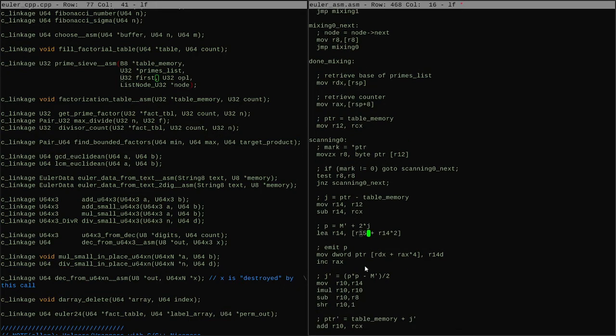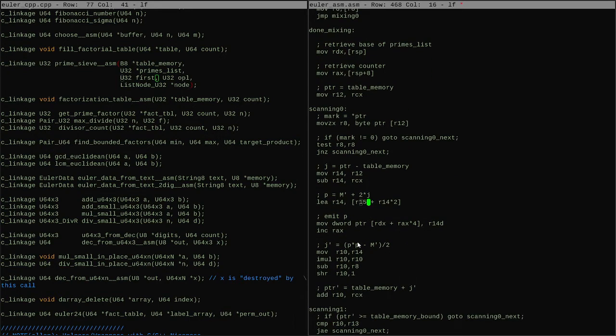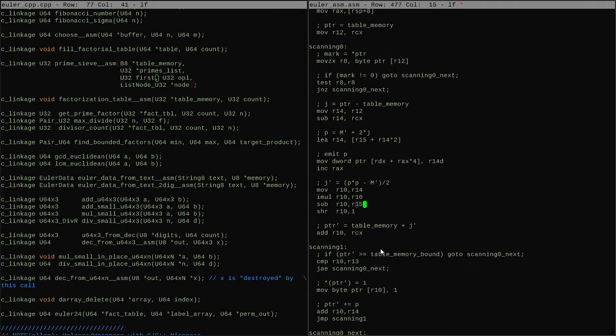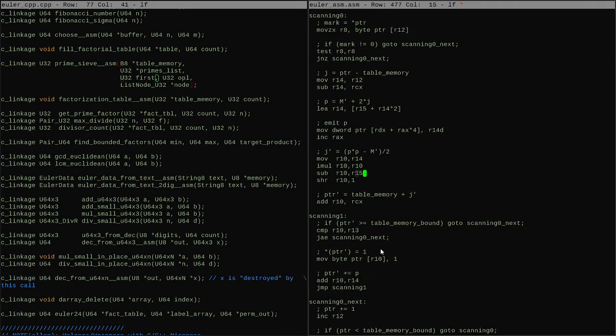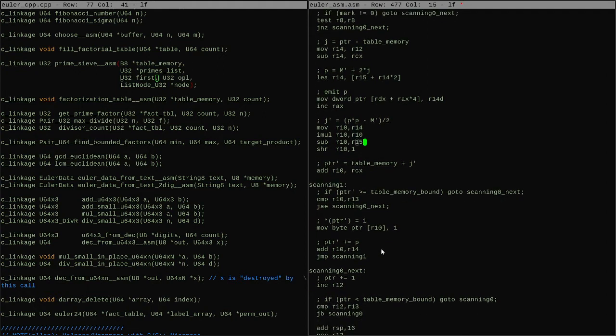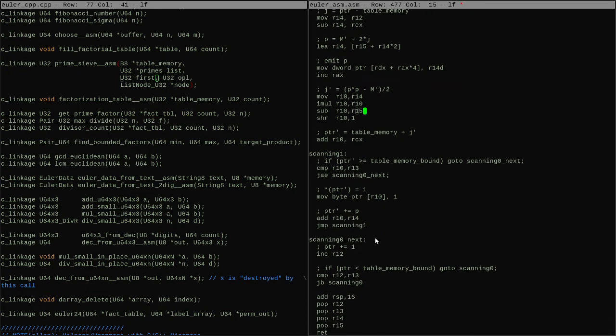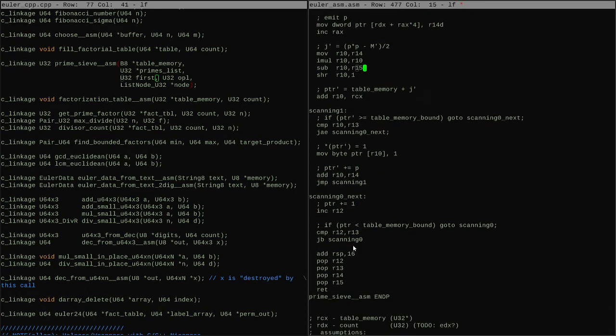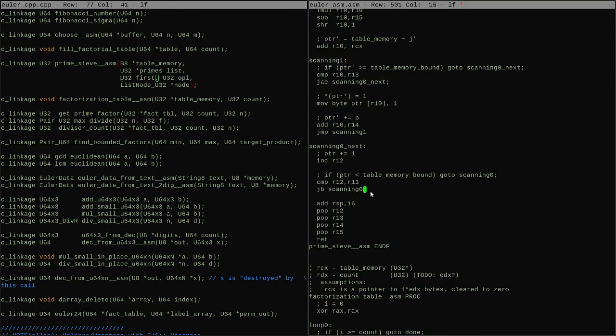R8 is 15. R8 is 15. R10, R12, R13. Okay.